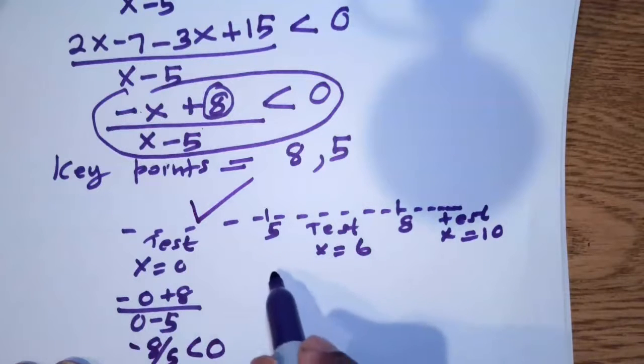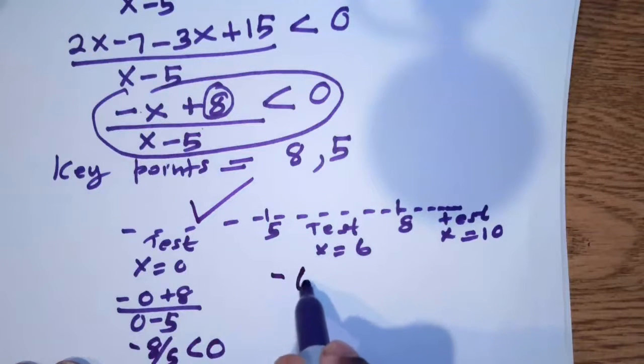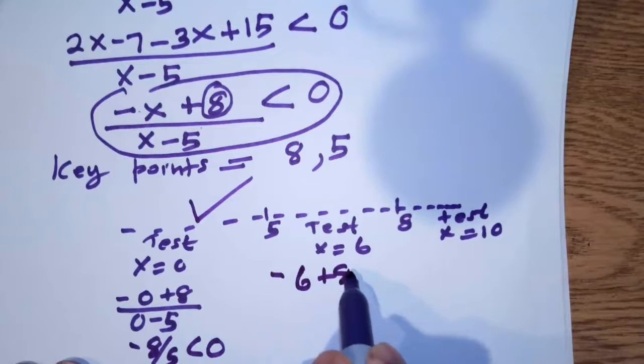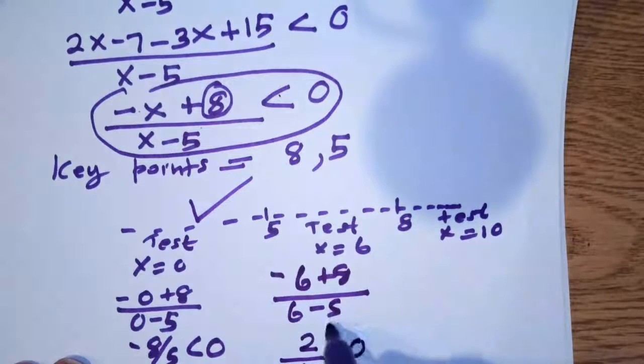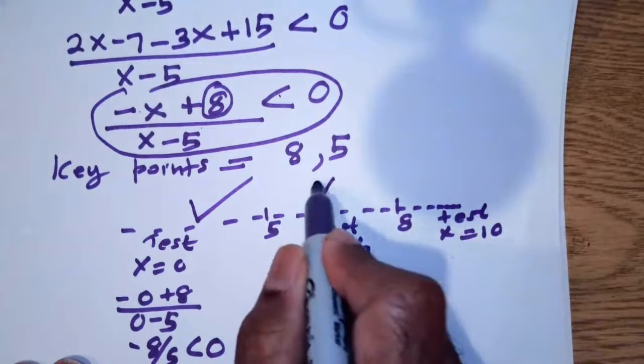You get negative 6 plus 8 over 6 minus 5, which will be 2 over 1, which is positive, which we do not want because we want the negative. So that's out. So this region is out.